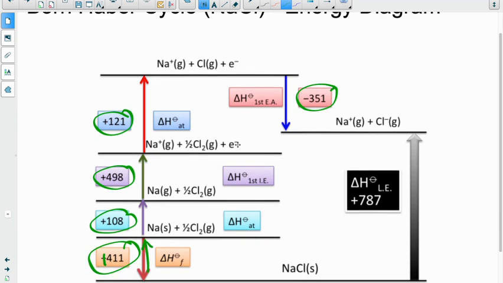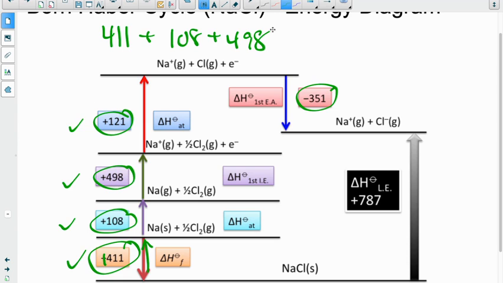So once you do all of that, it'll be 411, which is this guy, plus 108, which is this one, plus 498, which is this one, plus 121, which is that one, obviously, and then minus 351 or plus negative 351, it doesn't matter. When you add all of those up, that's going to give you the lattice enthalpy.